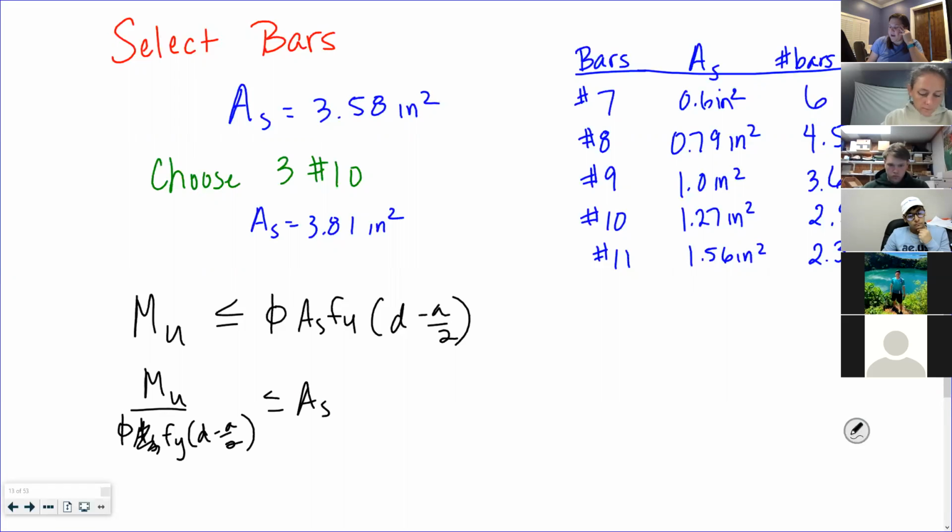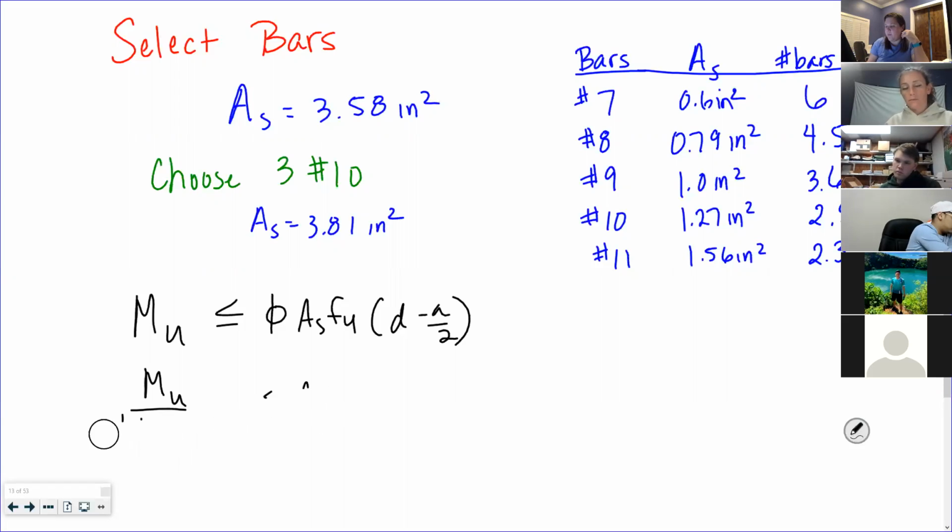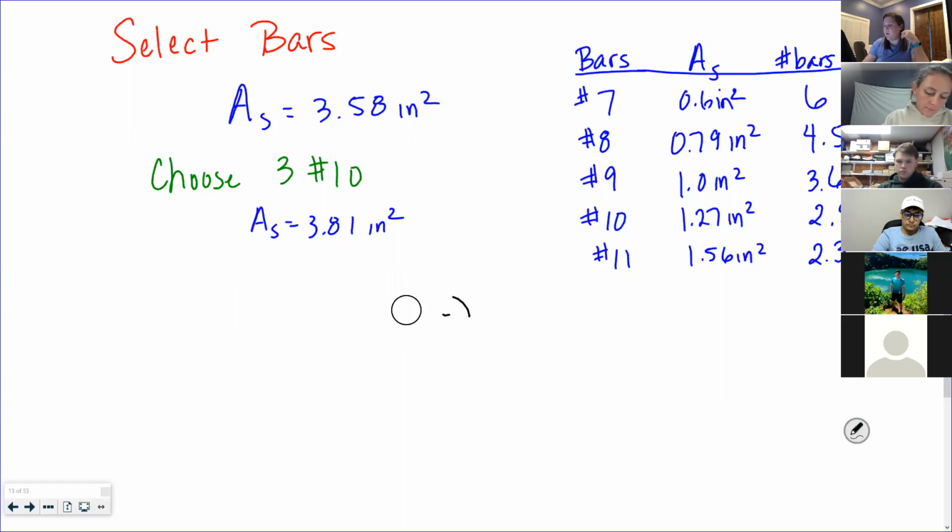Right. That As that we just calculated, that 3.58, should be a minimum, because it's based off of this equation. As must be greater than or equal to Mu over phi Fy (d minus a over 2). Doesn't mean you couldn't try it and see if it works, because you do want under-reinforced as well. But generally that should be a minimum. I could calculate that, but I'm not going to right now.